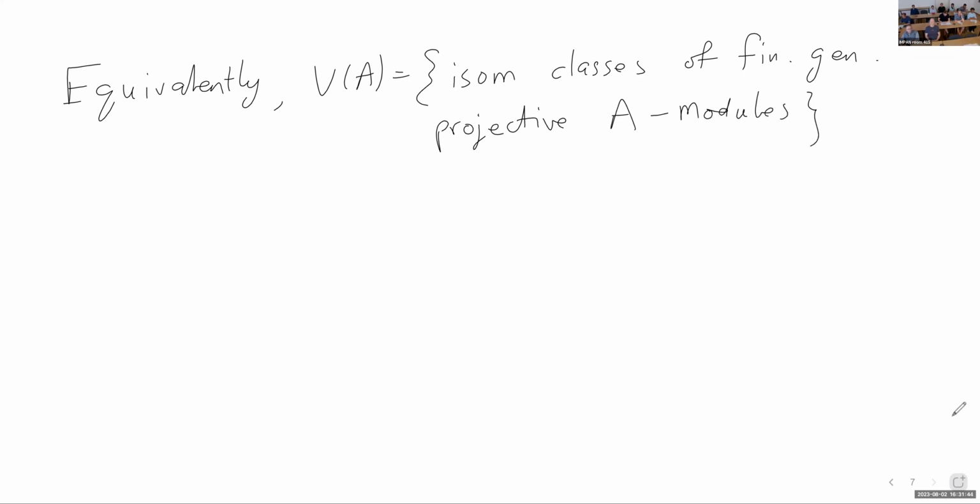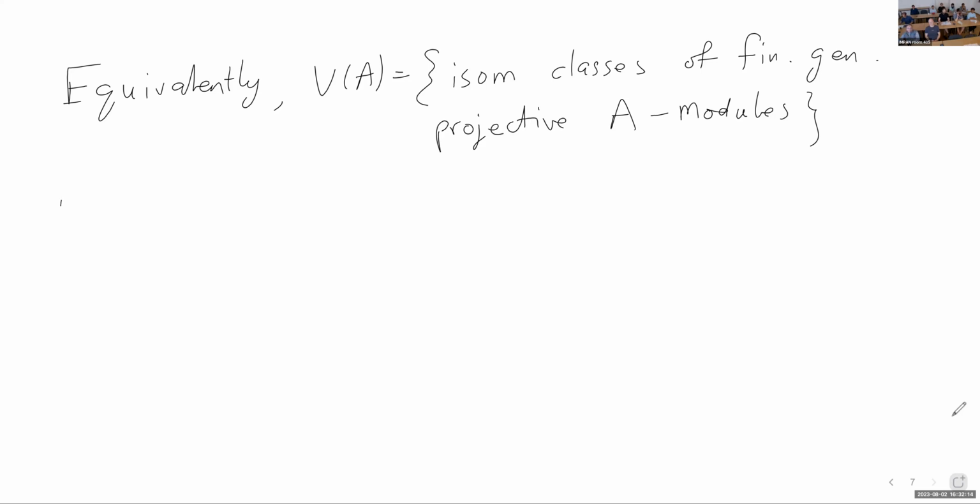I just want to mention this because at some point, maybe next time or next couple of weeks, I'm going to tell you about the Cuntz semigroup, which is defined similarly to V(A), except in terms of positive elements instead of projections. But another way of thinking about it is if instead of finitely generated projective A modules, you take countably generated Hilbert A modules, you get this notion of the Cuntz semigroup. It's a very natural extension, but we'll get to this later.